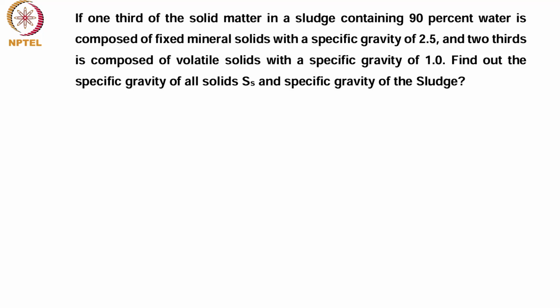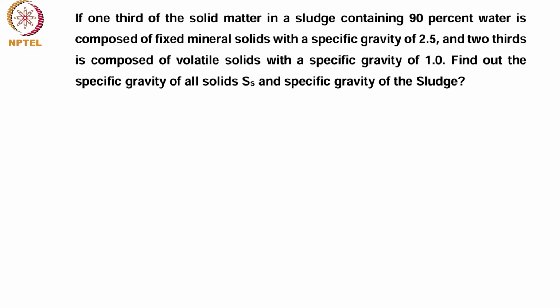Okay, so the solution comes like: 1 divided by specific gravity of solids is equal to 1 by 3 divided by specific gravity of your fixed solids, plus 2 by 3 times your specific gravity of volatile solids.